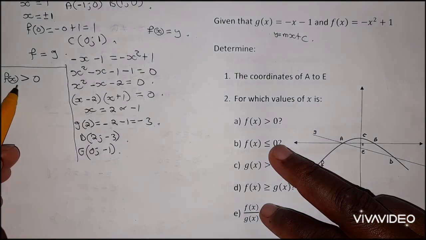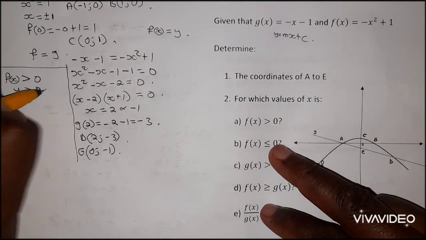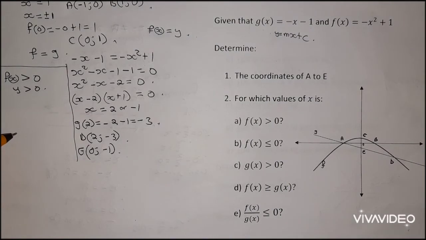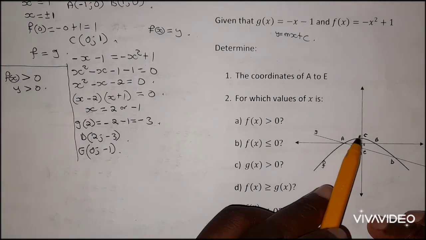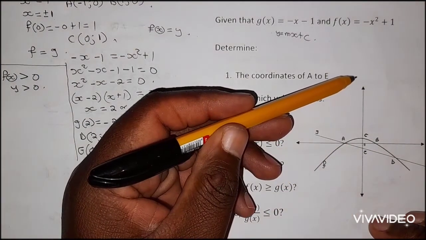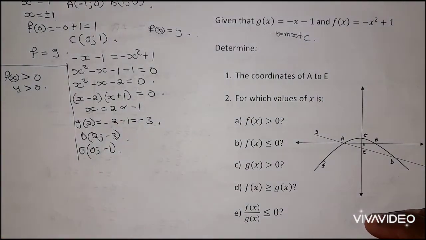So when we say the values of x for which f of x is greater than 0, we are talking about that area where y is greater than 0 or y is positive, right? When y is positive, it's above the x-axis. Below the x-axis, y is negative.